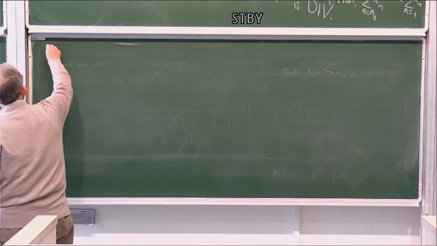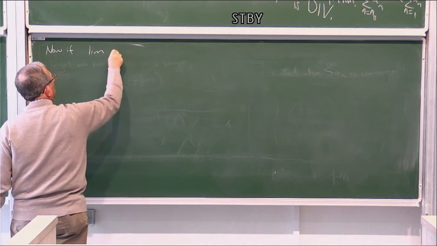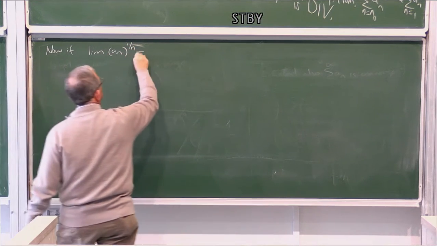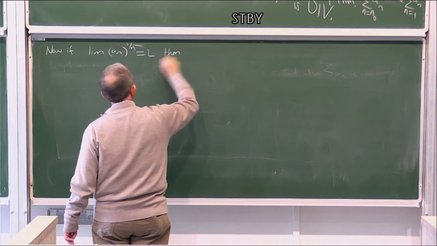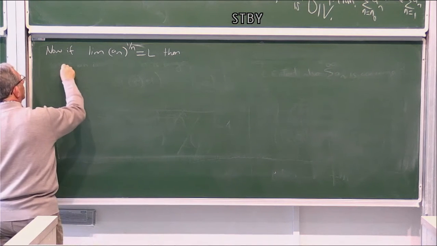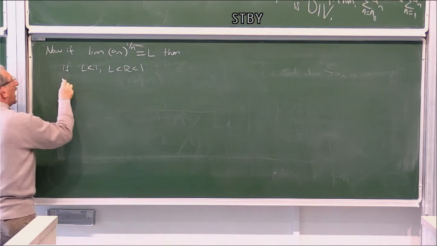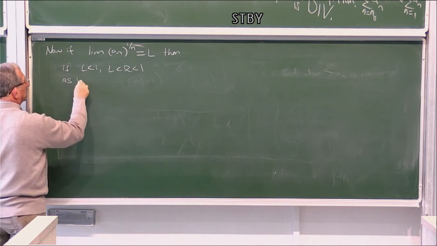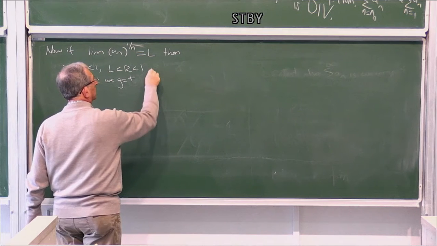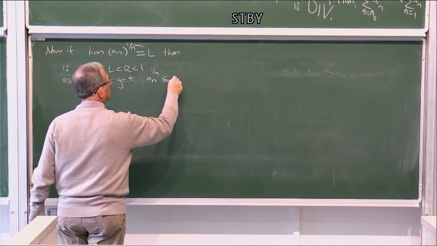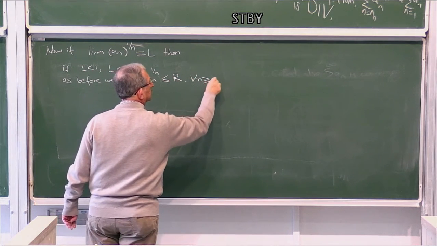Now, if the limit of the nth root is L, then if L is less than 1, as in the previous case, we get this term less than r for all n after some n_0.